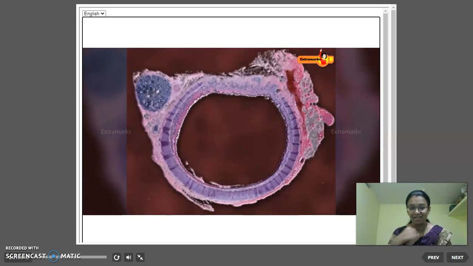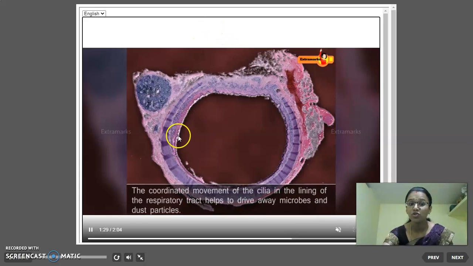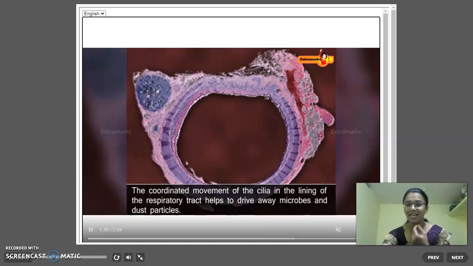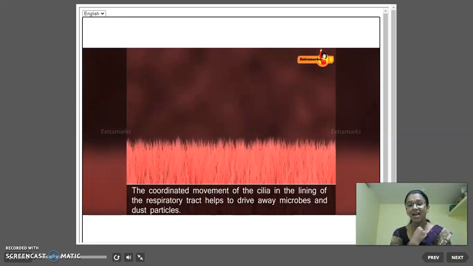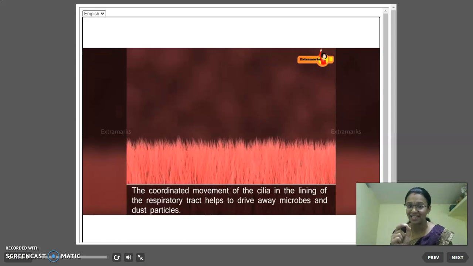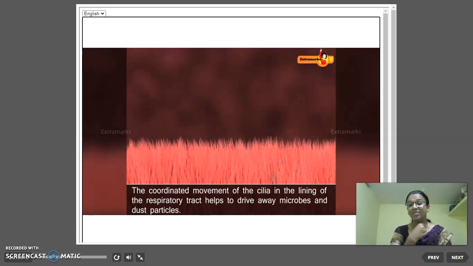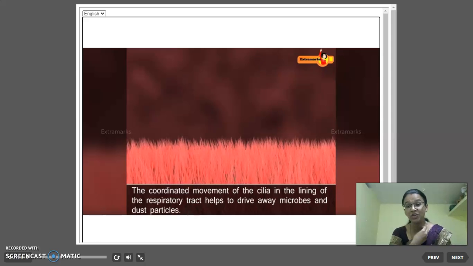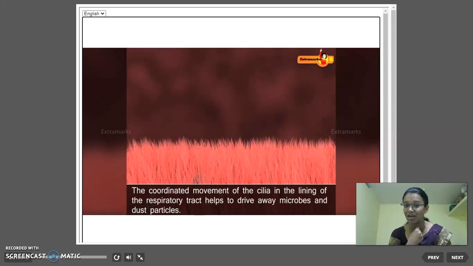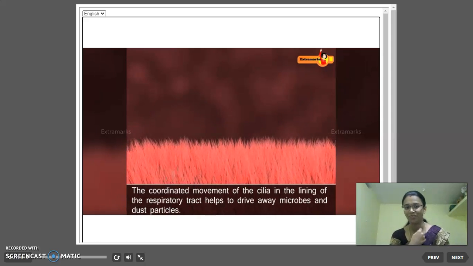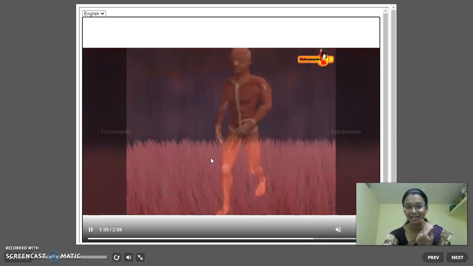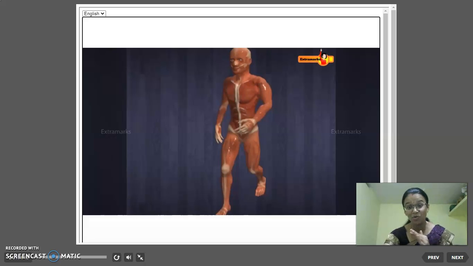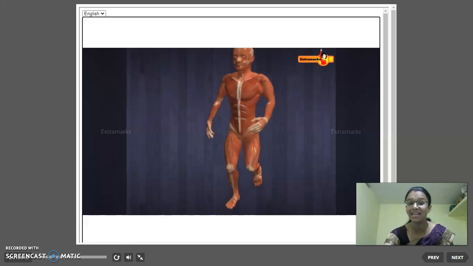Our neck region has small cilia lining the respiratory tract. This cilia helps in removing microbes and dust particles from our body. This movement is called ciliary movement.